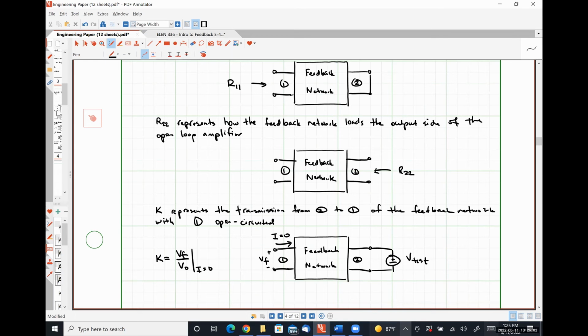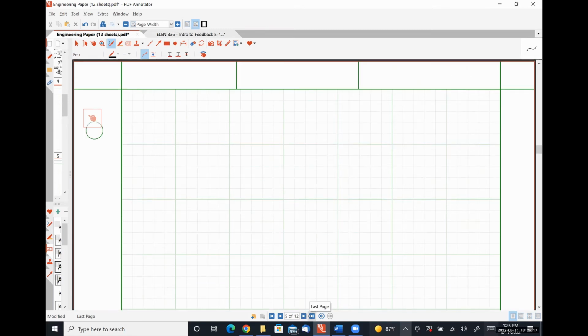All right, so we use this information from our feedback network to construct our A, or open loop circuit. So our open loop circuit is going to look like this. Here we have our open loop amplifier.